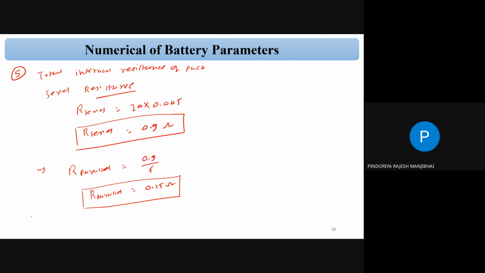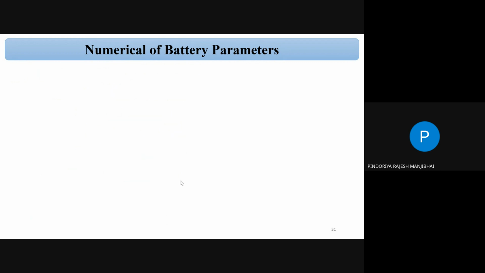So this is your total resistance, R series divided by R parallel. Correct? So this is your total resistance, 0.15 ohm. Okay.